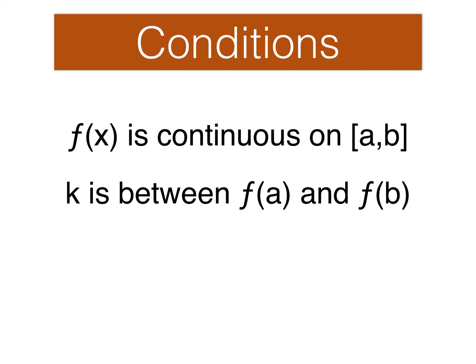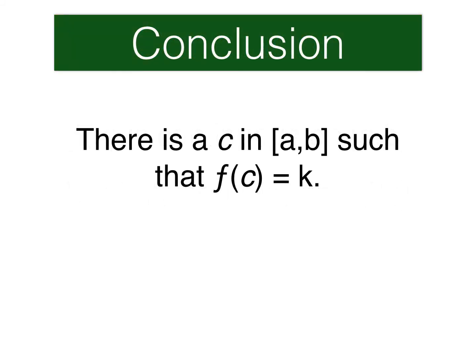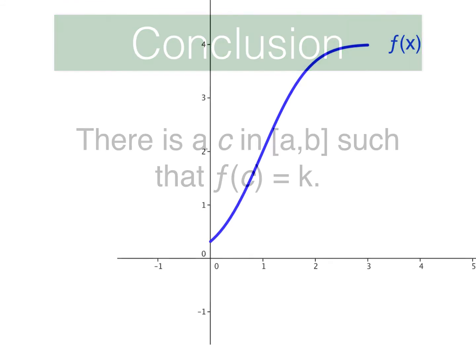If that's done, then the conclusion of the theorem says that there has to be a c in the closed interval [a, b] such that when we plug that value c into the function, it's going to give us that value k. So let's take a look at a graph and see how this works.